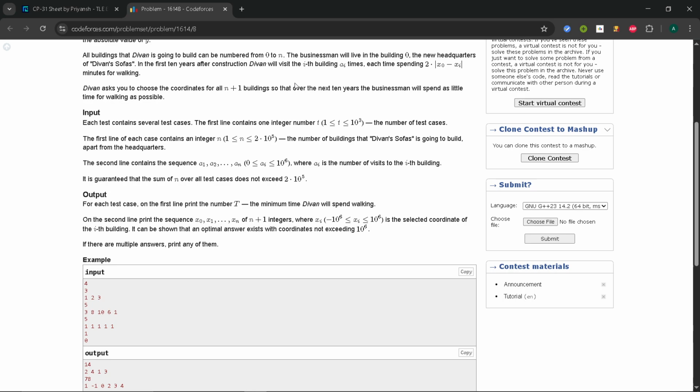With building ai times, each time spending 2 times x naught minus x i minutes for walking.